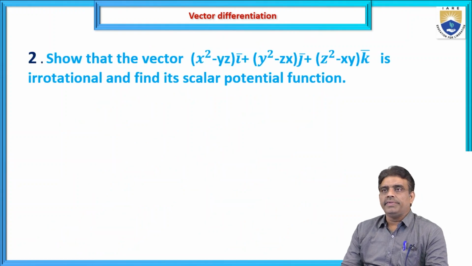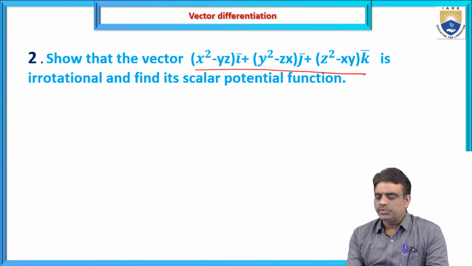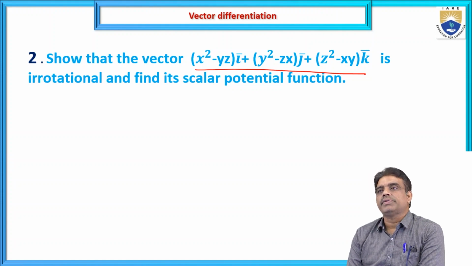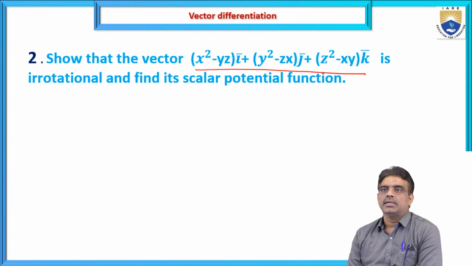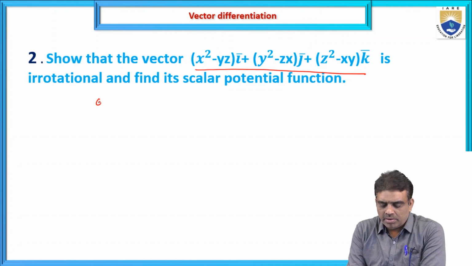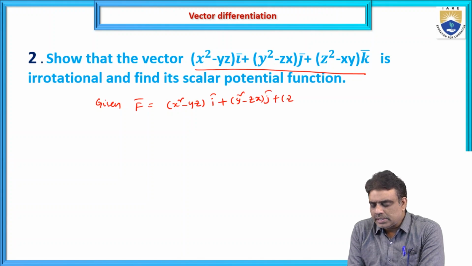Show that the vector x square minus yz into i bar plus y square minus zx into j bar plus z square minus xy into k bar is irrotational, and find its scalar potential function. So given f bar is a vector point function which is x square minus yz i bar plus y square minus zx j bar plus z square minus xy into k bar.